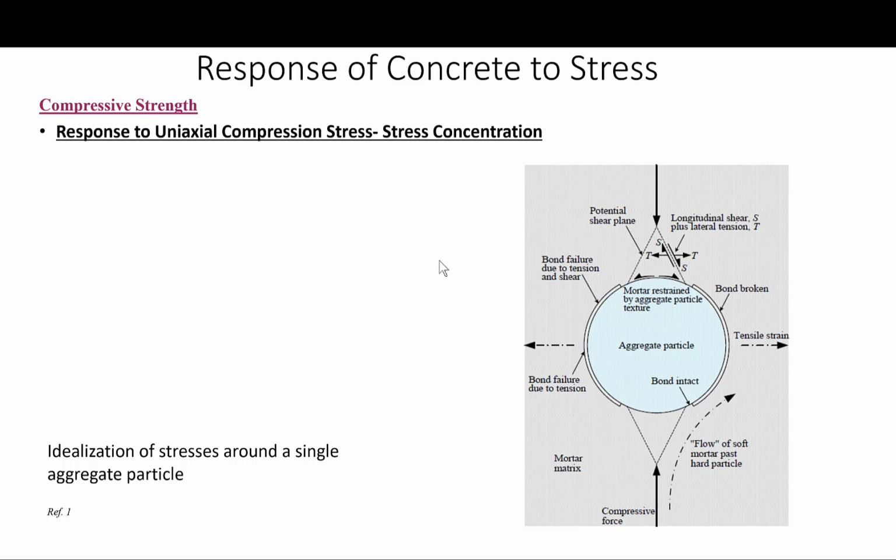For concrete, the macroscopic level failure is distributed over a fairly wide region, principally due to the large size of coarse aggregate particles compared to the specimens. So this is just to give you an idea of how stress develops, or how failure initiates around the aggregate particles in concrete.